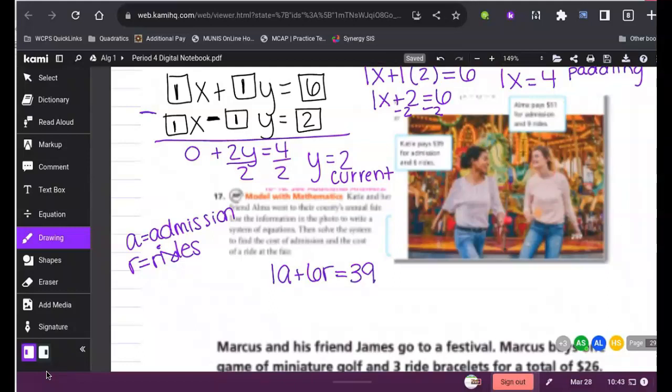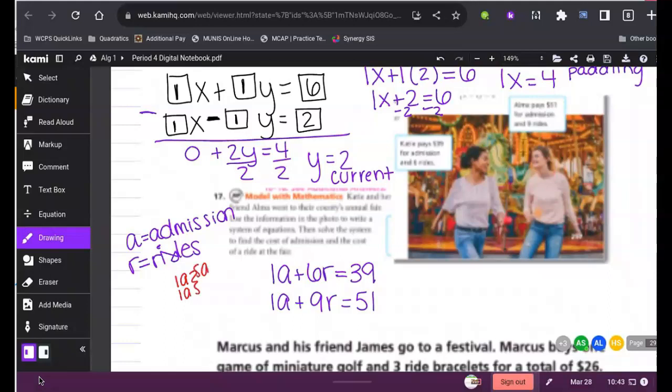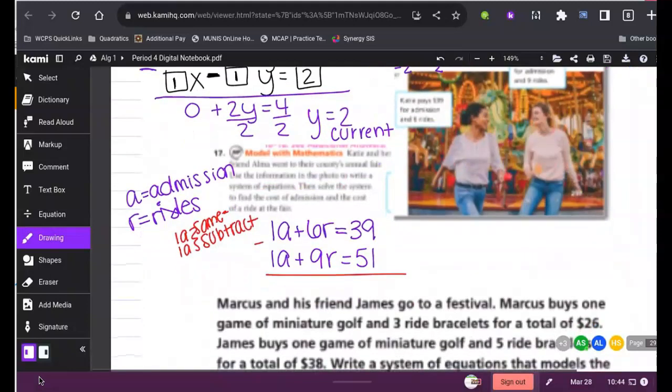Then it says Alma pays $51 for admission and 9 rides. So 1 admission plus 9 rides was equal to $51. All right, so I have 1A and 1A. Since they are the same, I'm going to subtract. I'm going to put my little minus sign and draw my line. 1A minus 1A, that's 0.